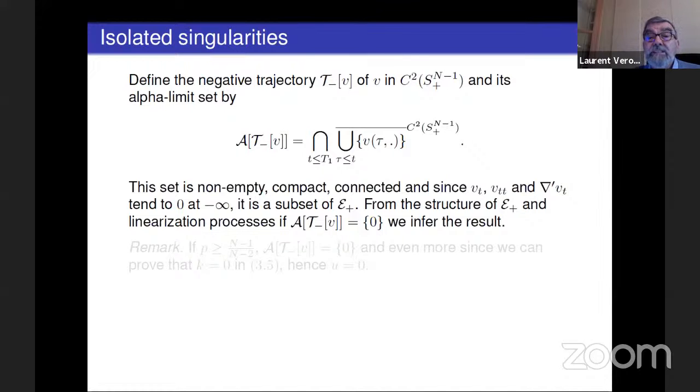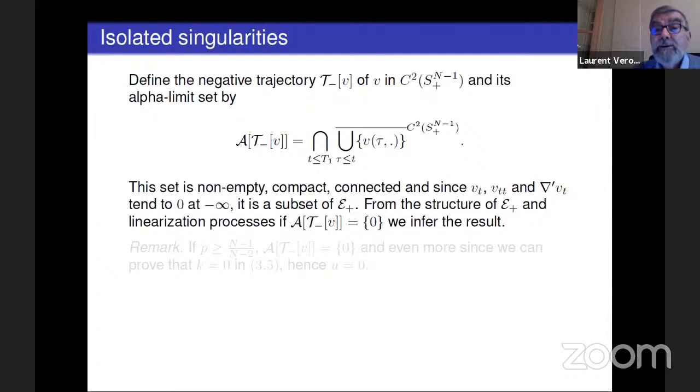at the negative trajectory of the solution. Call it the negative trajectory. And this is the union of all the points V(t, ·) for sigma. And now you define the closure of this negative trajectory. And now you take the alpha limit set, the limit set at minus infinity, and you define it like this.